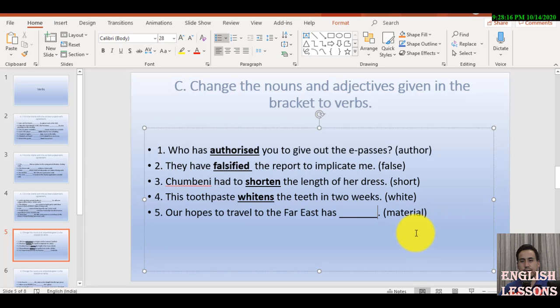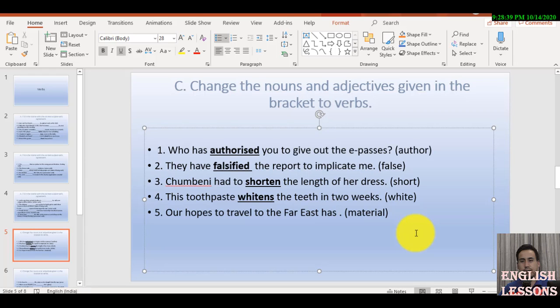Our hopes to travel to the Far East has dash, and in the bracket we can see material. So the correct word will be materialized. Has plus third form of the verb.